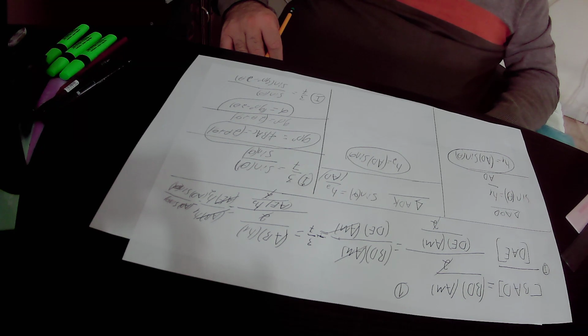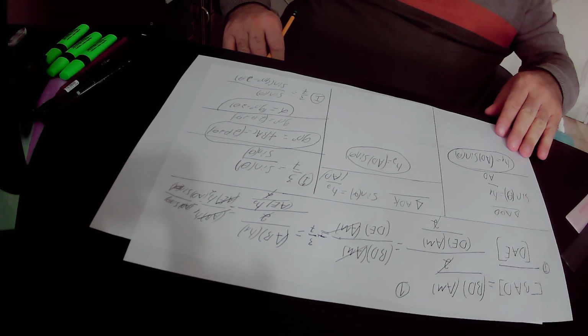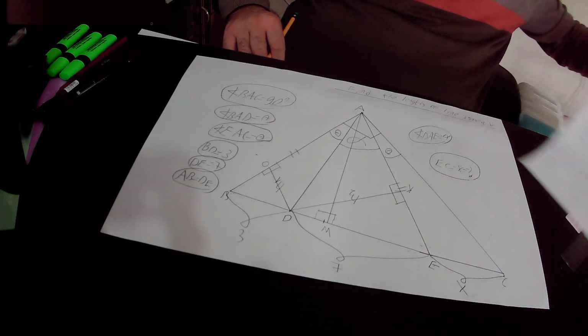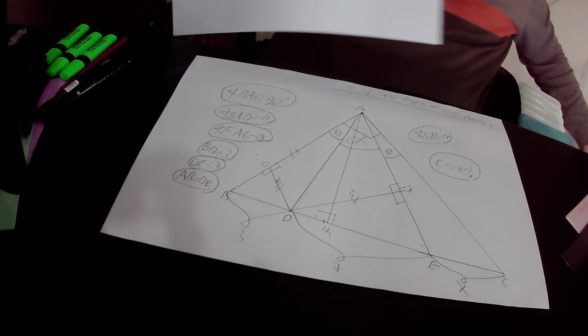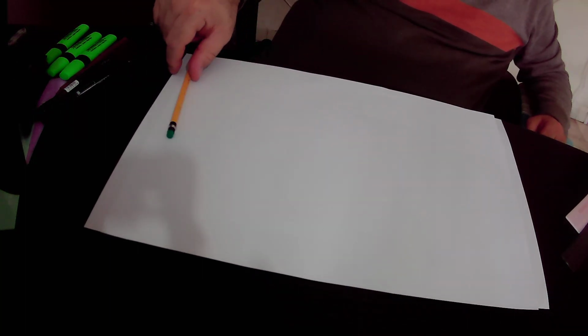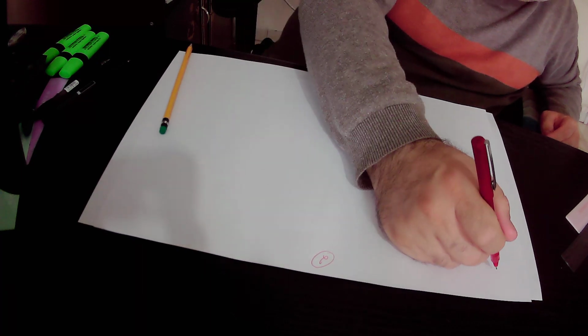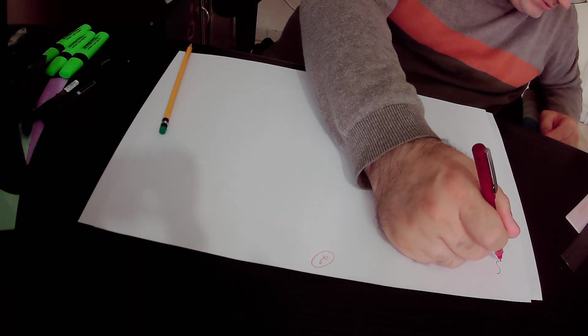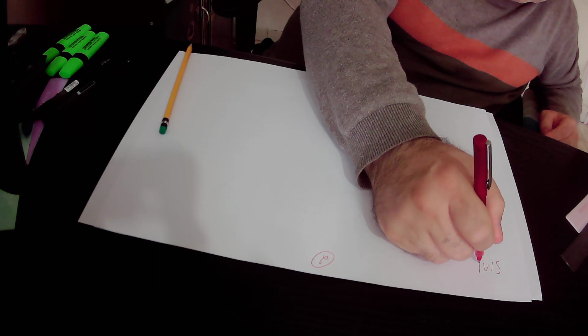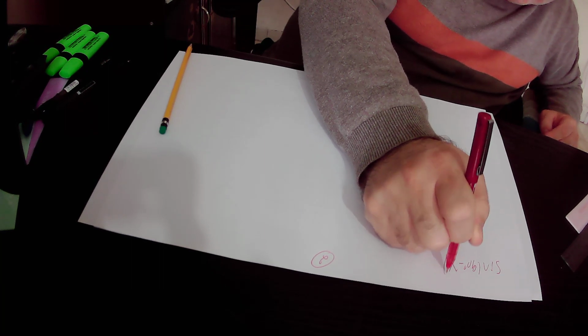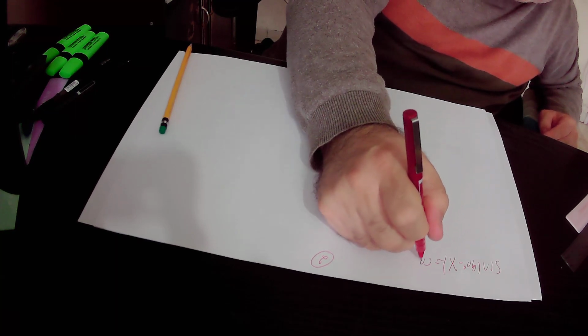And according to the trigonometric identity, it says that sine of 90 degrees minus x equals cosine x.